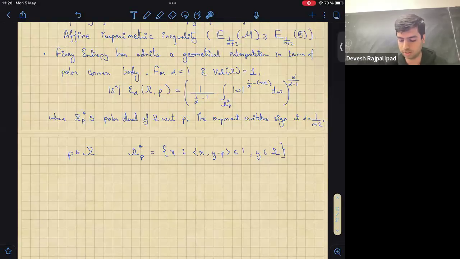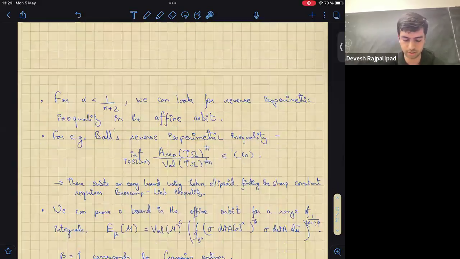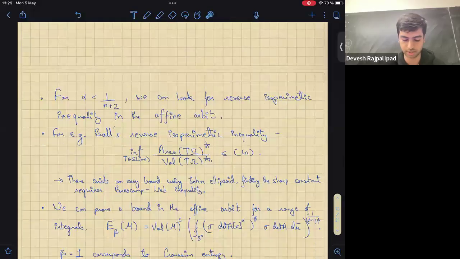And you can see that the exponent here switches signs. For alpha higher than 1 over n plus 2, it's negative, and for alpha less than 1 over n plus 2, it's positive. So there is some kind of switch happening at the affine exponent. And we'll explore this idea and try to use it in a bit.